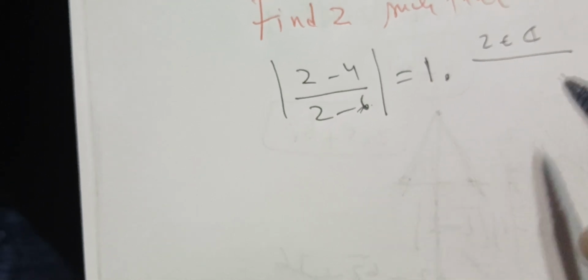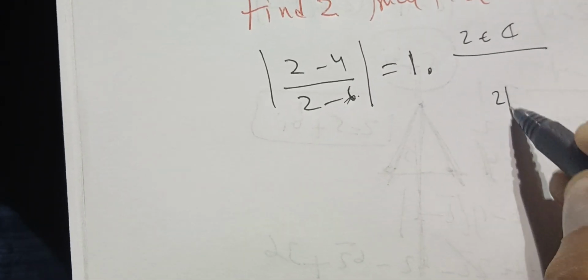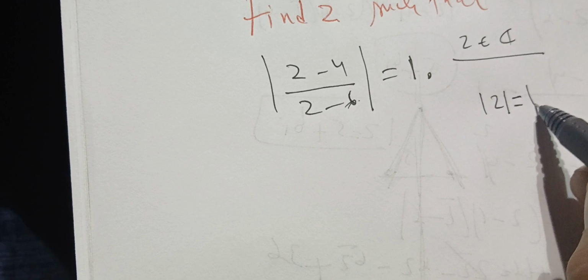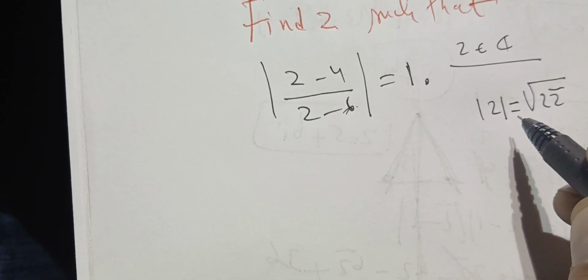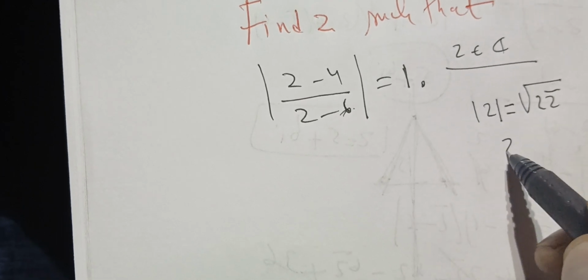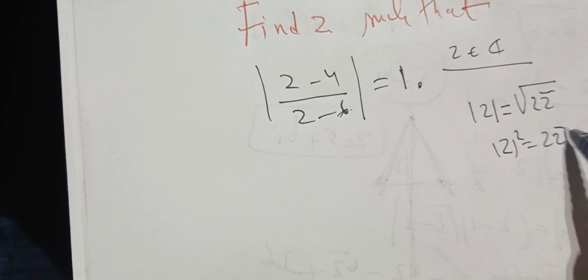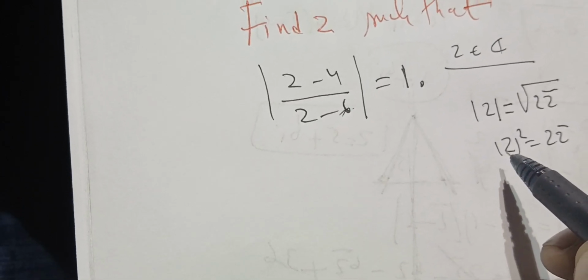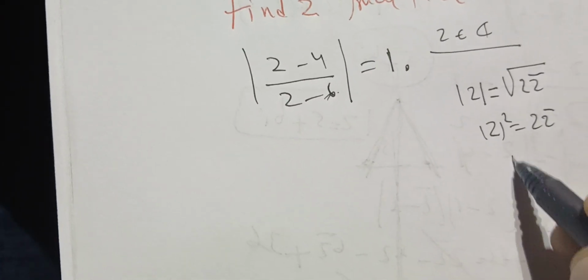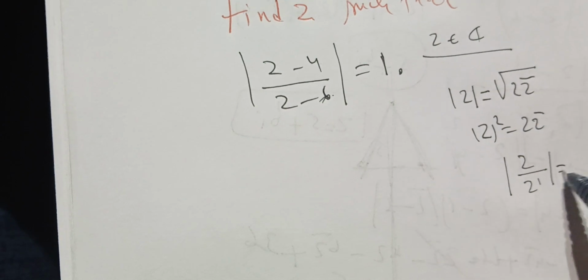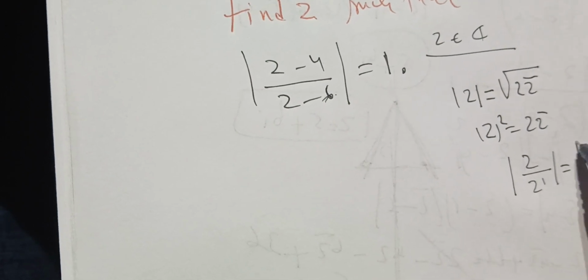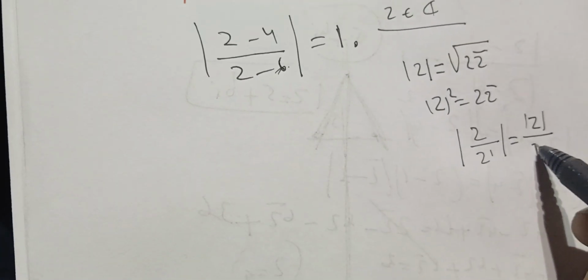Remember that the norm of a number z is given by the square root of z times z bar, or the norm of z squared is z times z bar. And remember that the norm of z over z prime is the same as the norm of z over the norm of z prime.